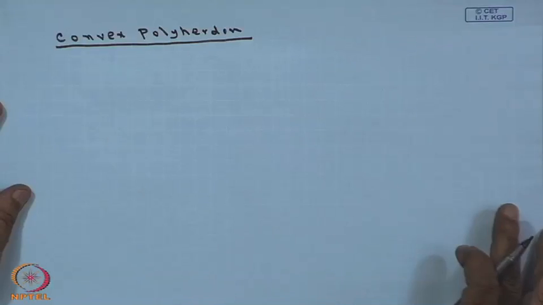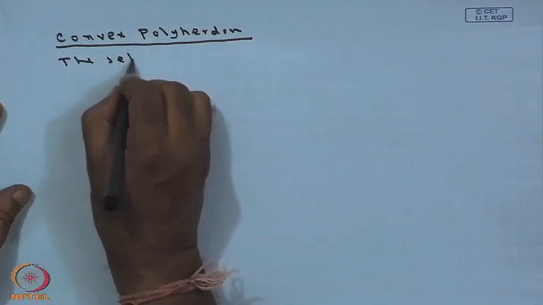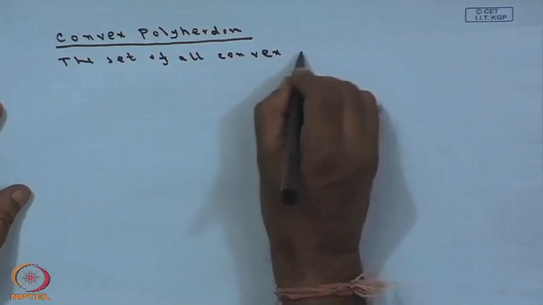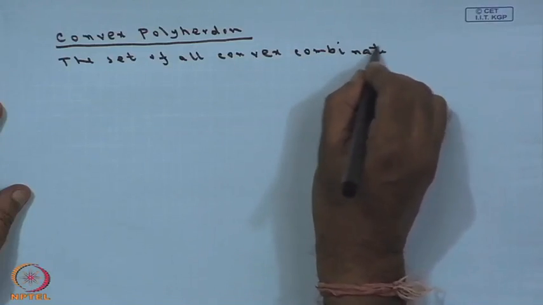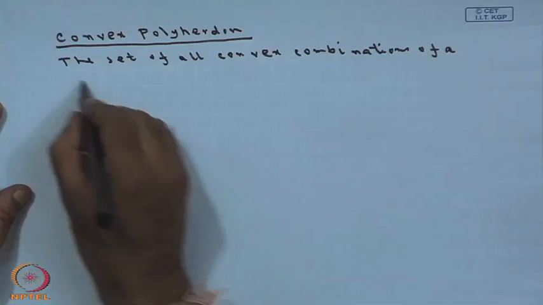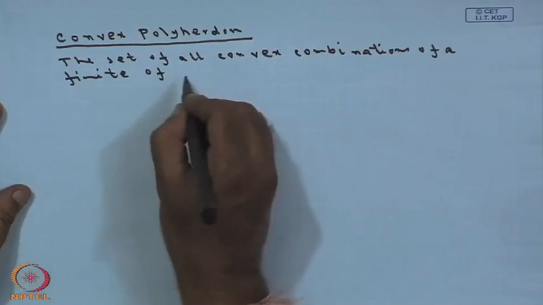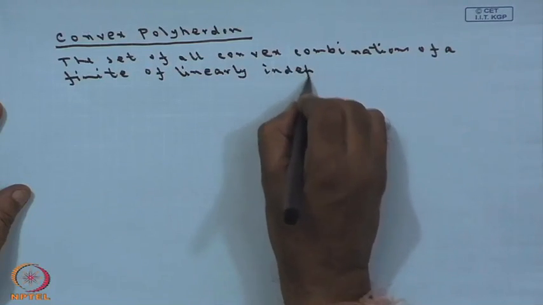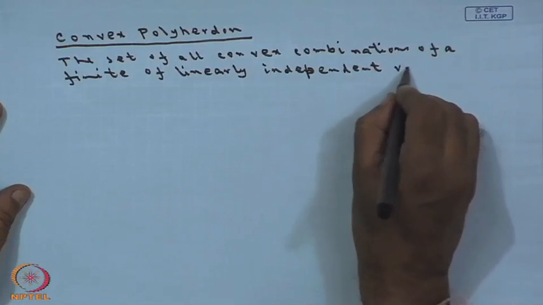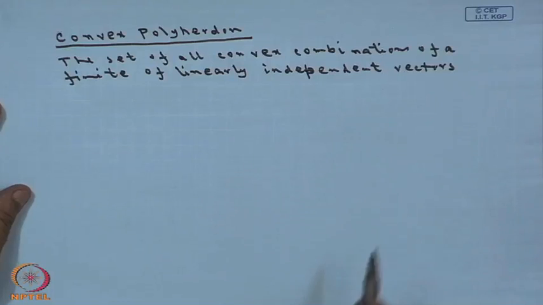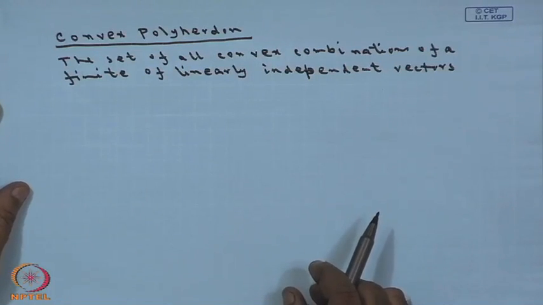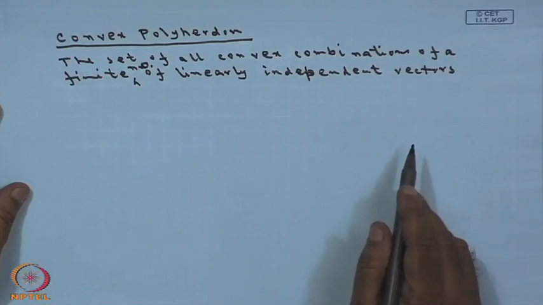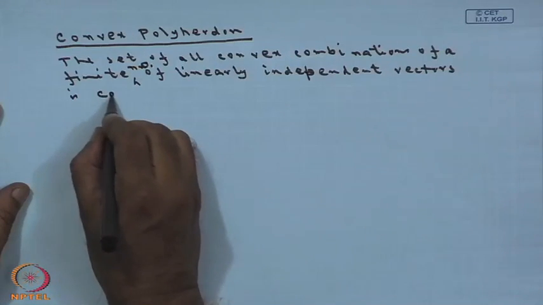Convex polyhedron. Usually by definition, the set of all convex combinations of a finite number of linearly independent vectors is called the convex polyhedron.